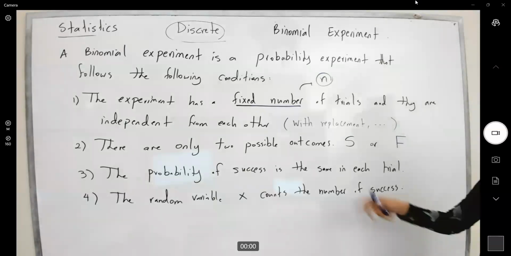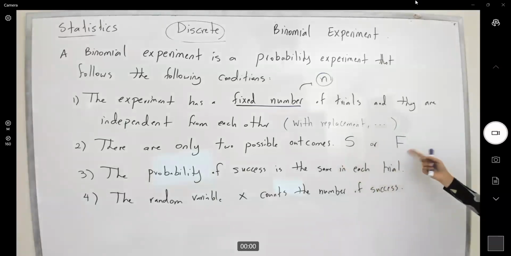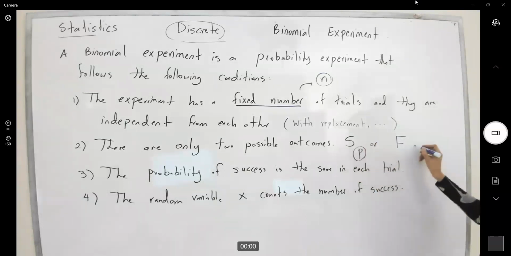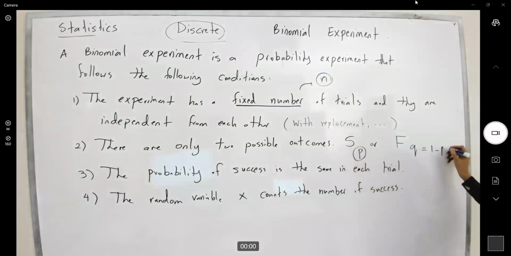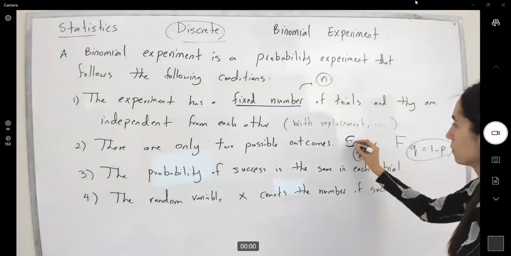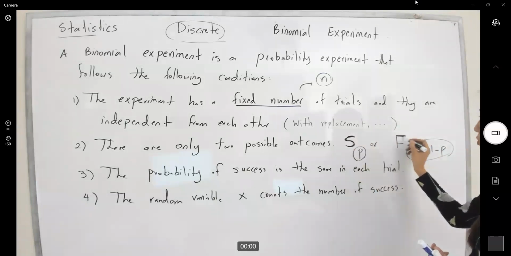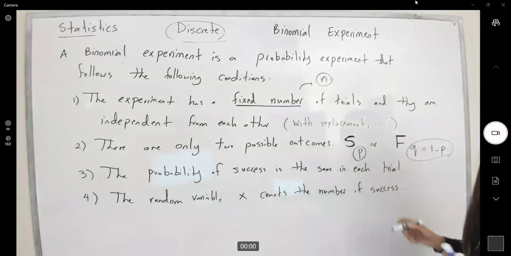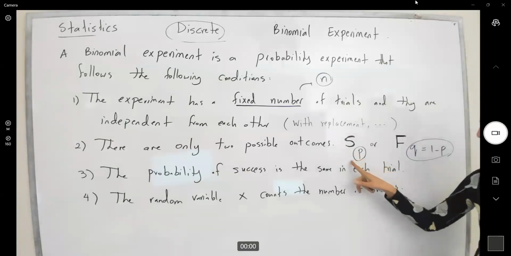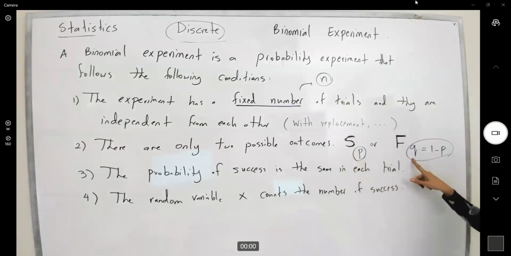The probability of success and the probability of failure are denoted by P and Q. Q is 1 minus P. So you have success or you have failure, 2 possible outcomes, no more than that. The probability of success is denoted by P. The probability of failure is Q, or 1 minus P.